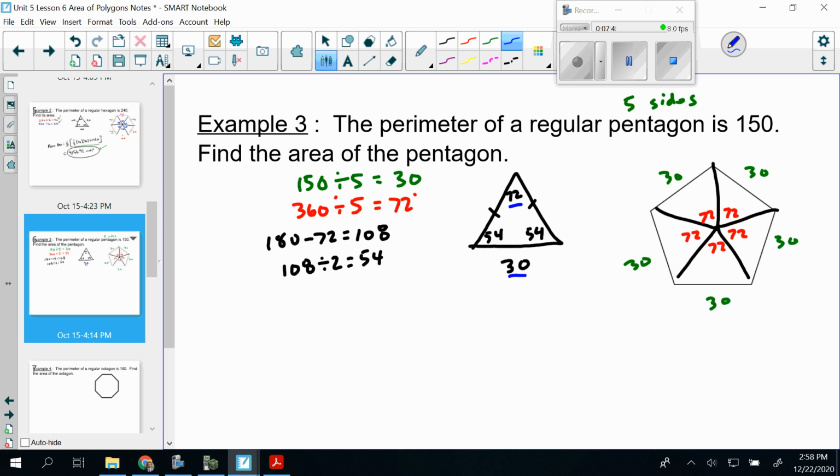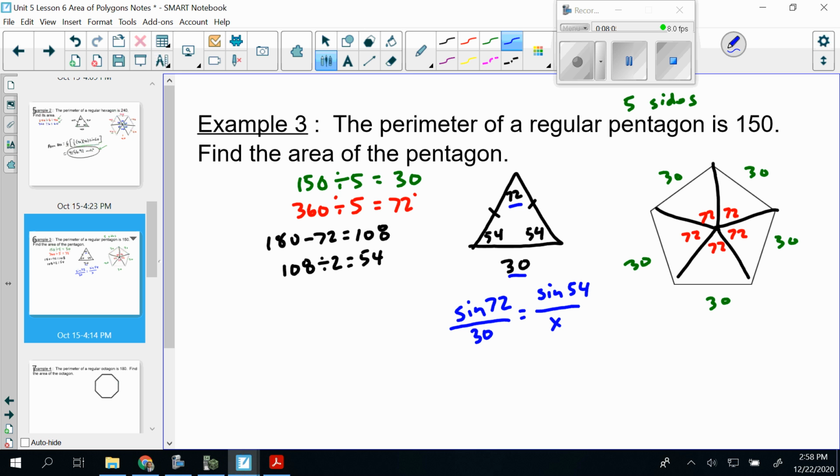So if we want to find one of those sides, we could do sine of 72 over 30 equals sine of 54 over one of these sides, whatever you want to call it, just call it x. Oops, sorry. The side would go on the bottom, x. And then the angle would be sine of 54.